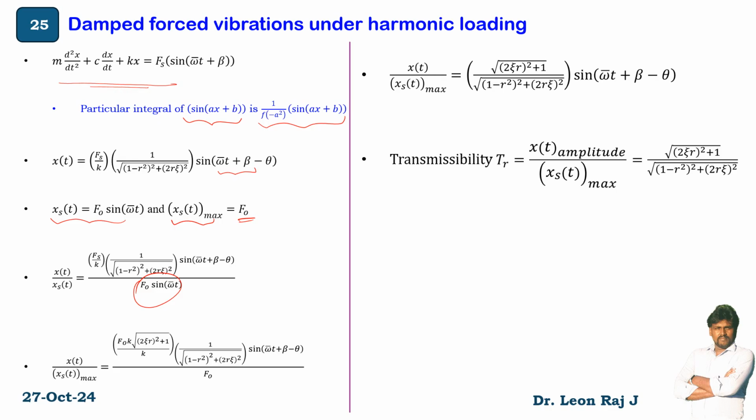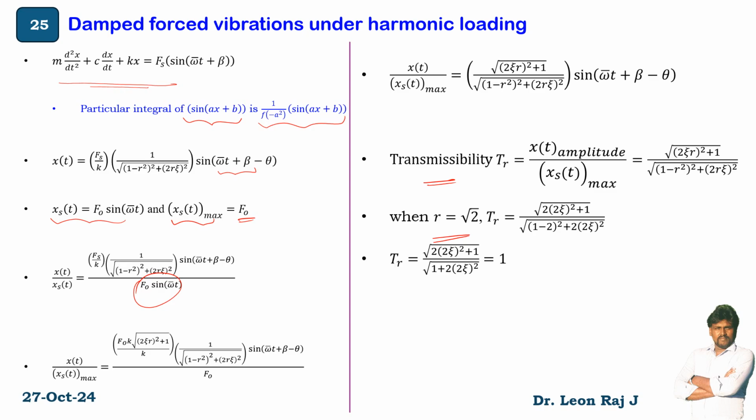So transmissibility is nothing but x of t amplitude divided by xs of t max, equal to square root of (2 xi r) whole square plus 1 divided by (1 minus r square) plus (2 r xi) whole square. So if r equal to square root of 2, transmissibility equal to 1 actually.